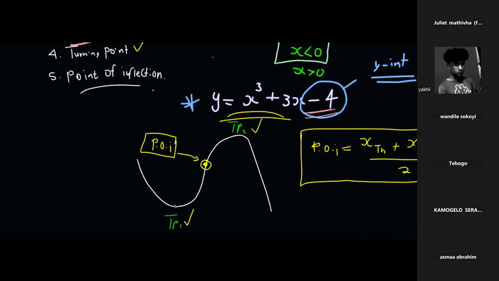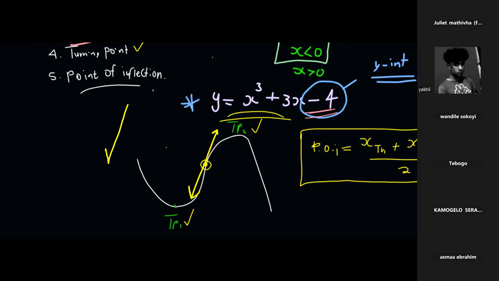What's going to happen? I'm going to have a tangent that moves like that. Do you see? So this straight line touches the curve at that point of inflection. Any line that moves like that, what am I trying to say?